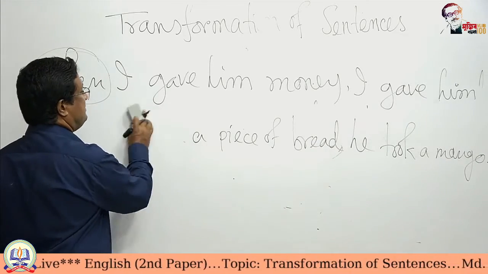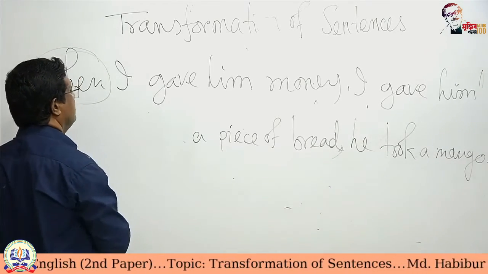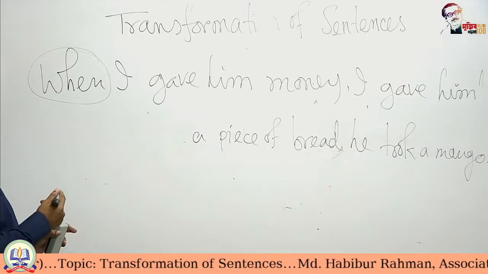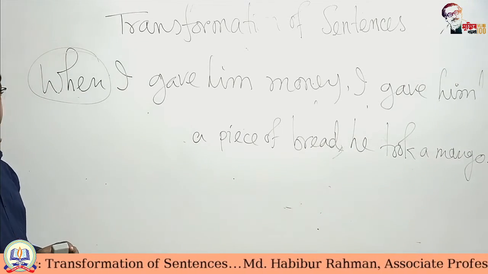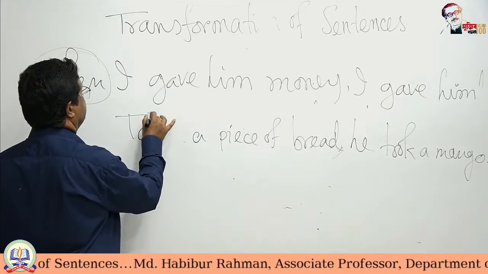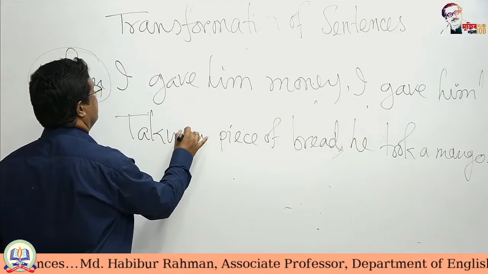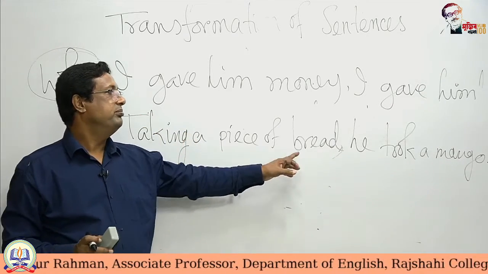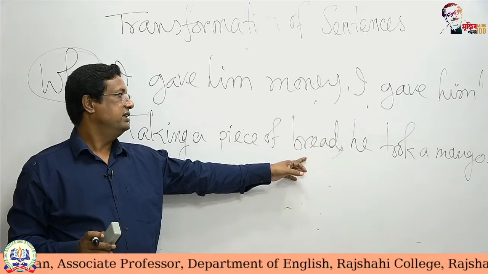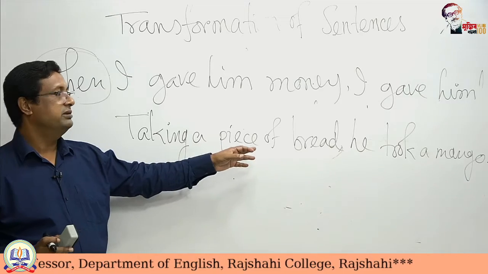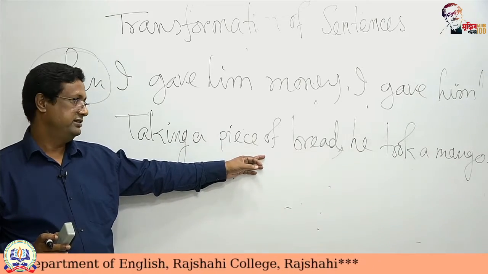So taking, why taking? I am just changing it into present participle. Took, present form is take, and I am writing taking, that is present participle. Taking what? Taking a piece of bread. So that is why this is called a present participle phrase.